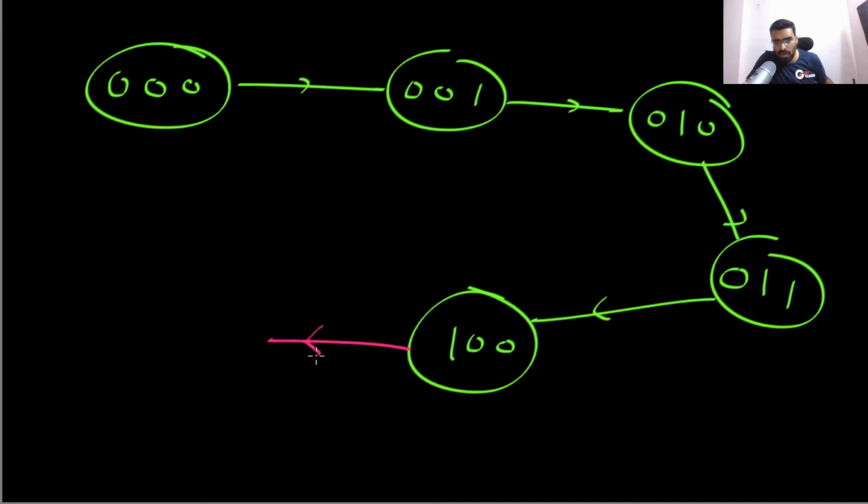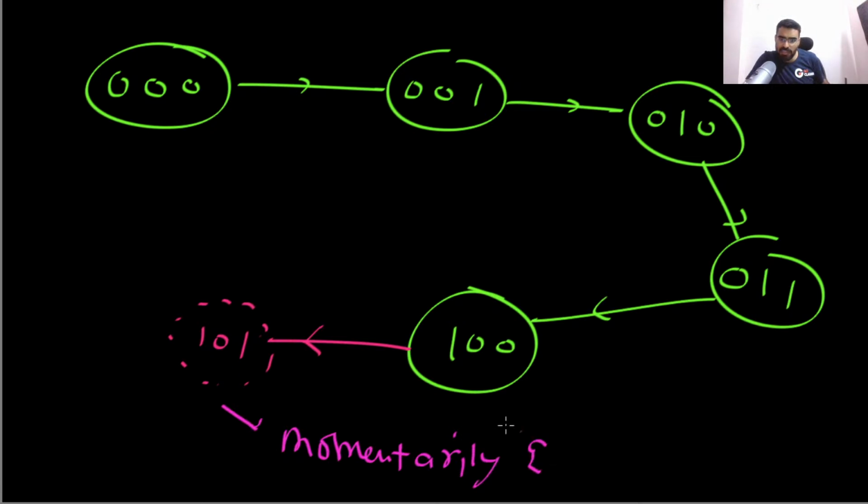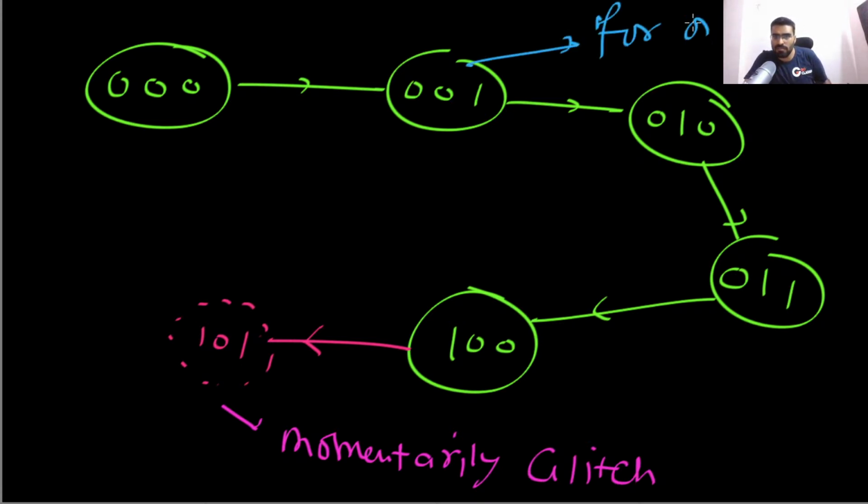Now what will happen? For a moment this will happen. Momentarily, a glitch. Remember, each count stays for an entire cycle. After every cycle this will change.